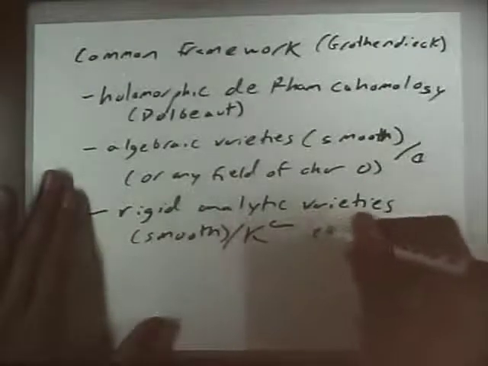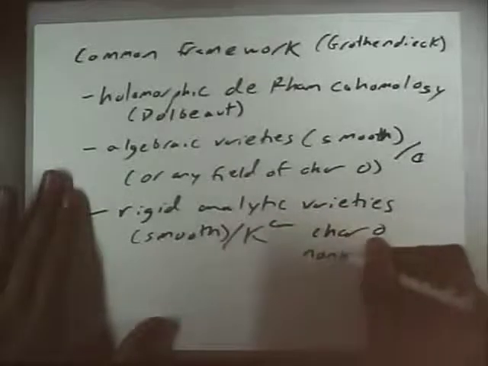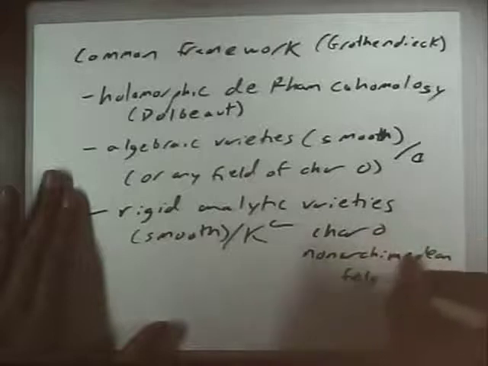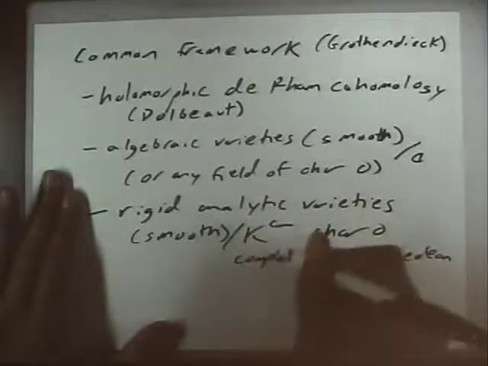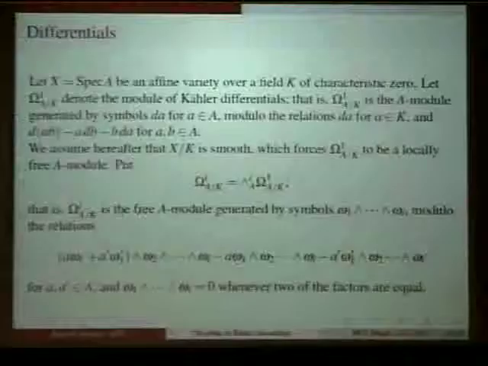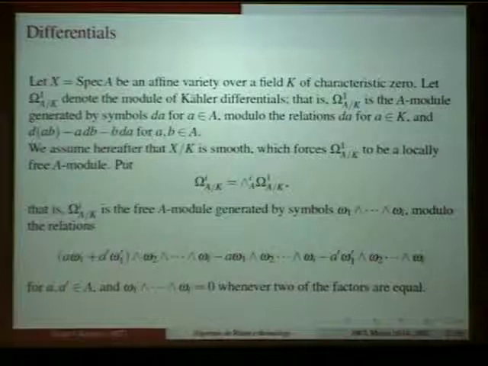So a characteristic 0 non-Archimedean field, like the p-adic numbers. Complete, of course. So the common framework is what I want to talk about, but I'm going to keep it primarily in the algebraic setting because that's somehow the most restrictive situation. If you understand the algebraic setting, you can imitate the setup in the other two settings.